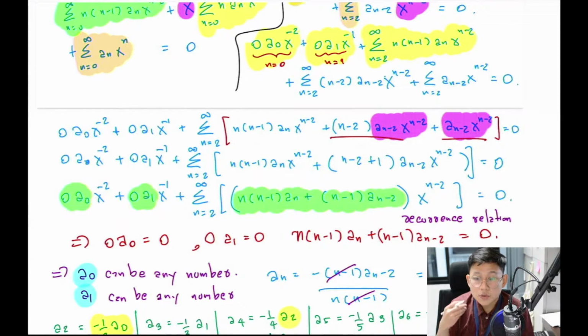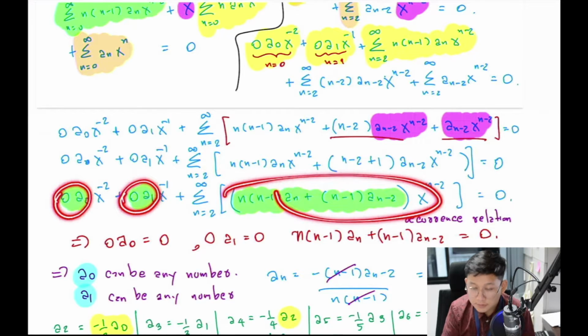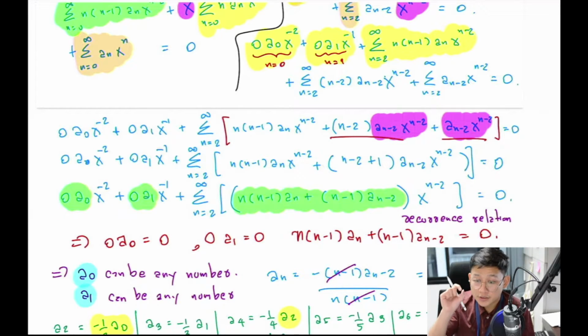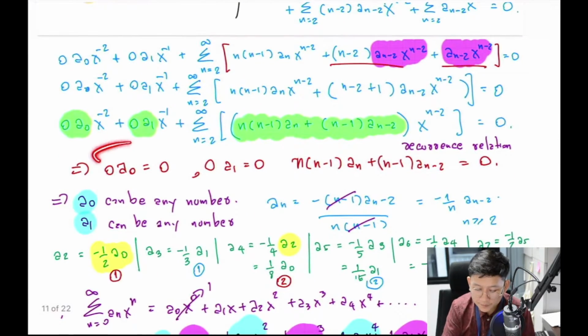Then you use the property that if the sum of coefficient times x to the power is 0, it means that the coefficients all need to be 0. And from here and here, you can say that a0 and a1 can be any constants.